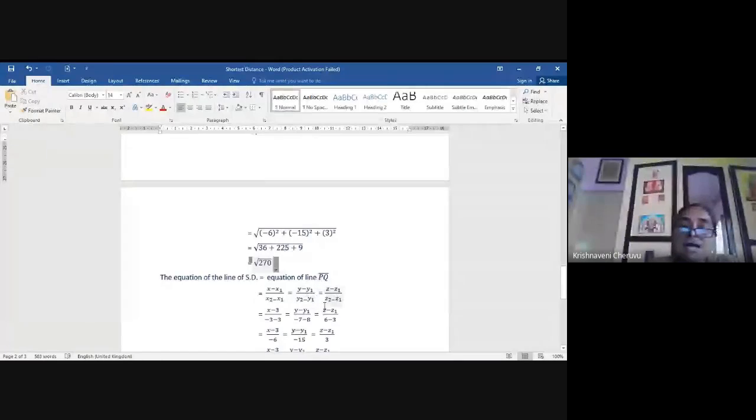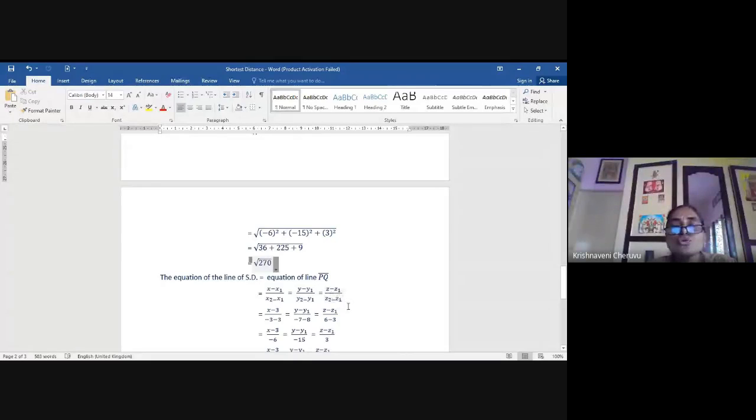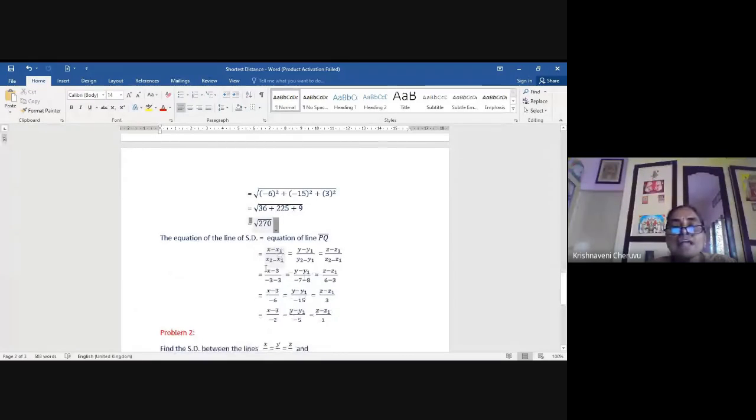Equation of the line joining the points P, Q is given by x minus x1 by x2 minus x1 is equal to y minus y1 by y2 minus y1 is equal to z minus z1 by z2 minus z1. So you substitute the values and you will get the equation of the line PQ, which is the equation of the line of shortest distance.